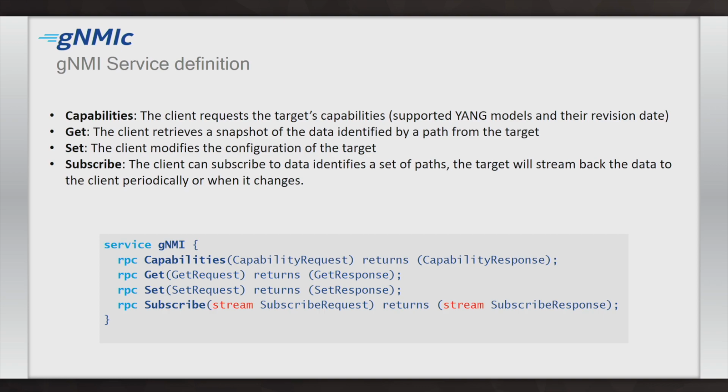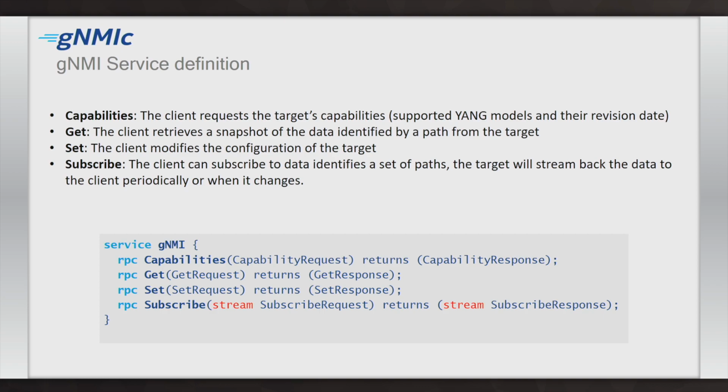Get lets you query configuration or state from the router. You'll be able to do a get state only, get config only, or get both. A set lets you modify configuration objects on the router. That's basically your CLI equivalent.